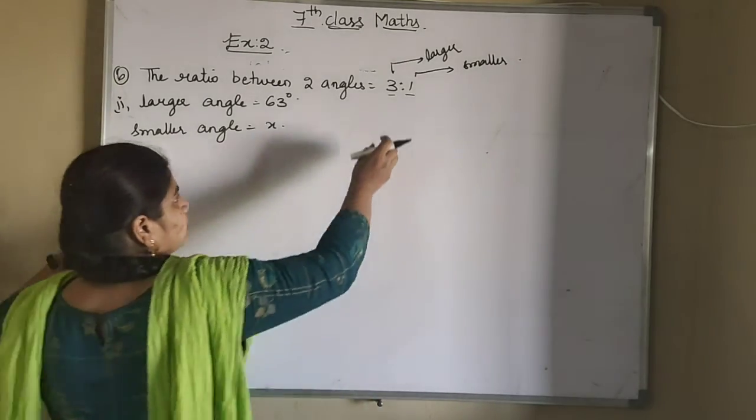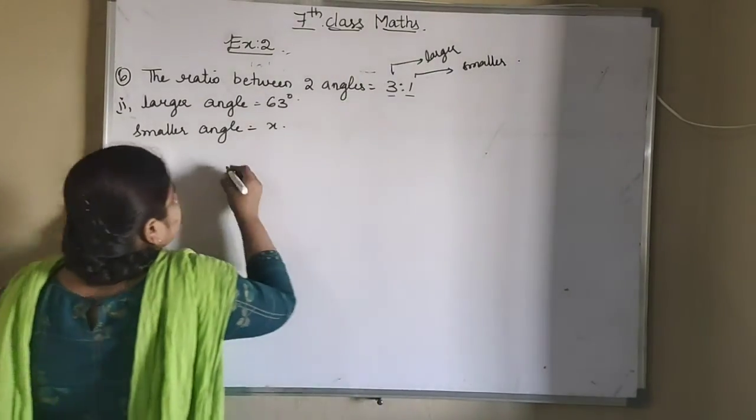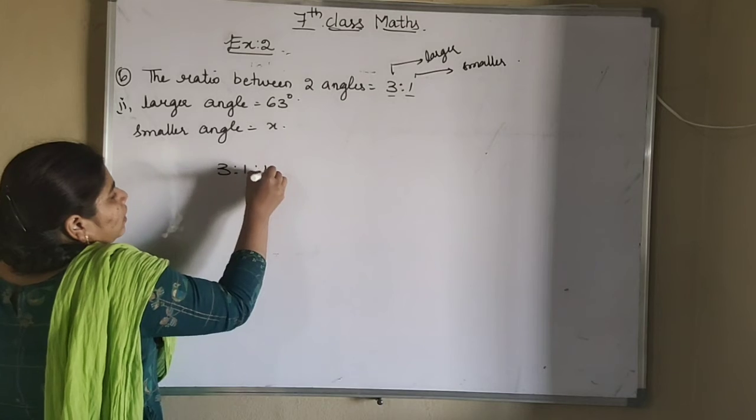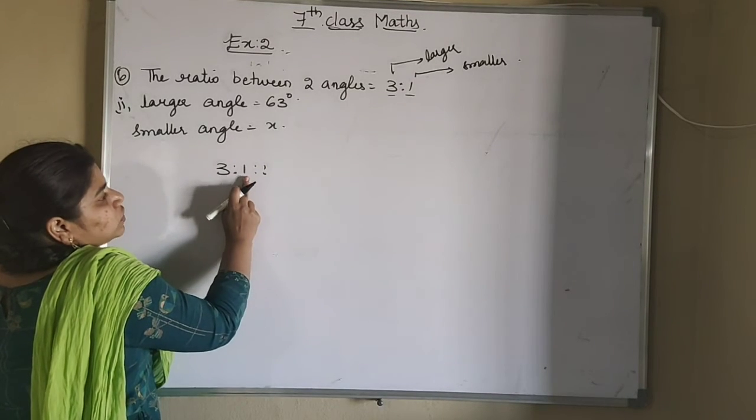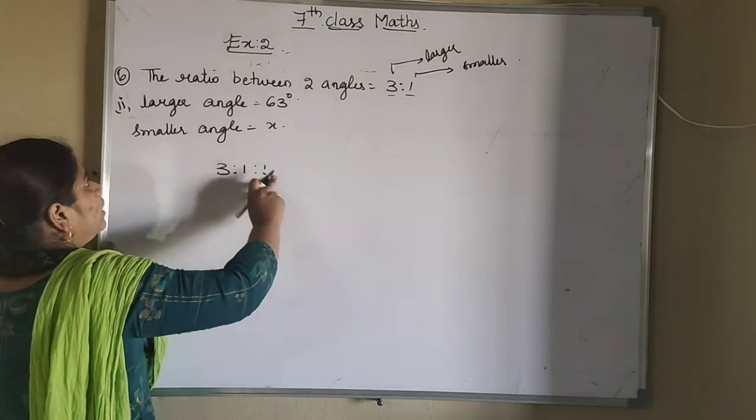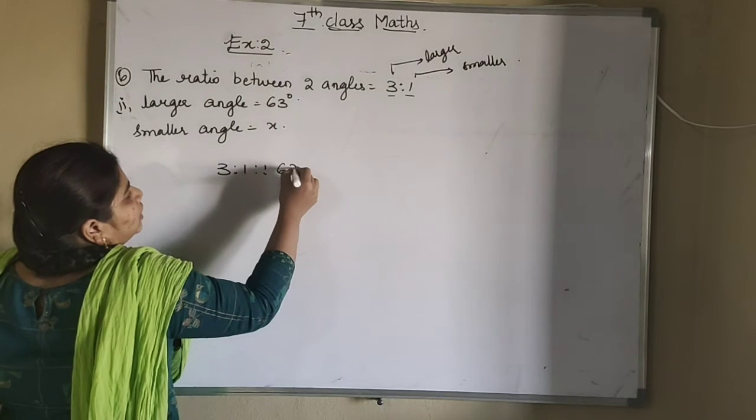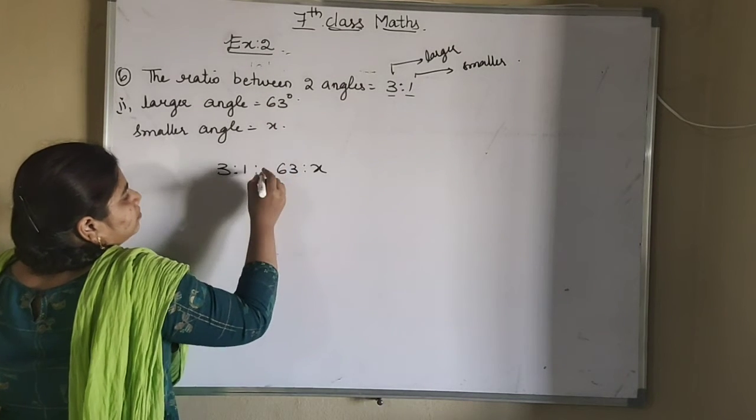This is in the form of larger and smaller, so 3:1. So again we have to start with the larger only. The larger is 63 degrees is to x.